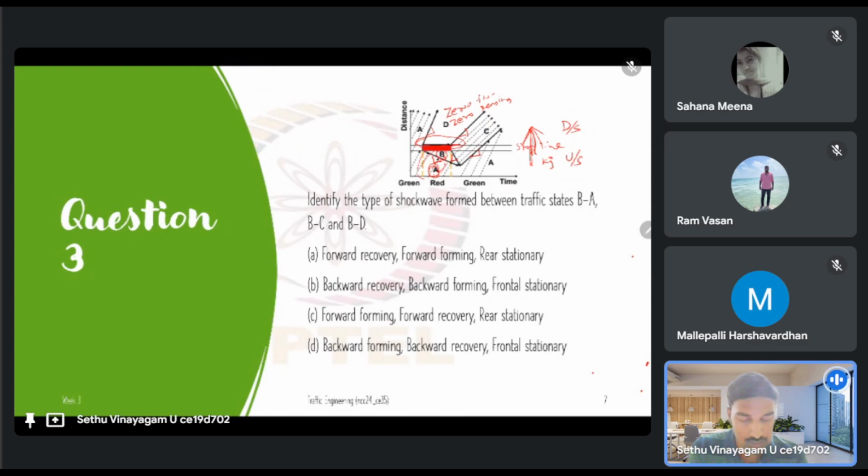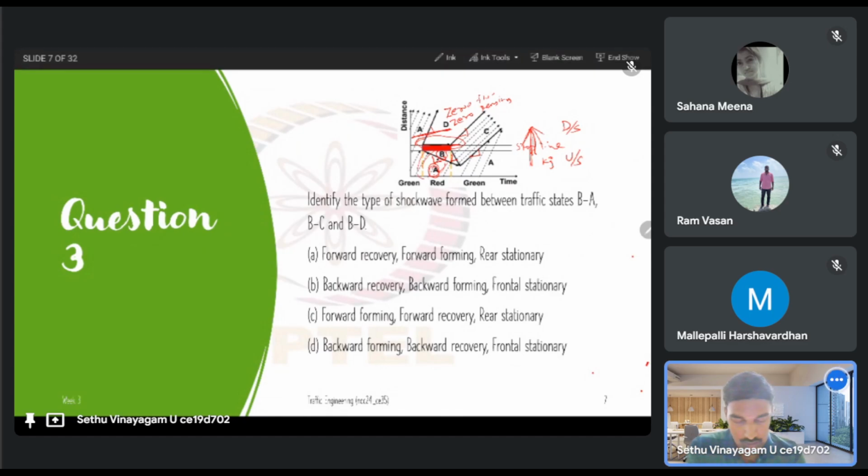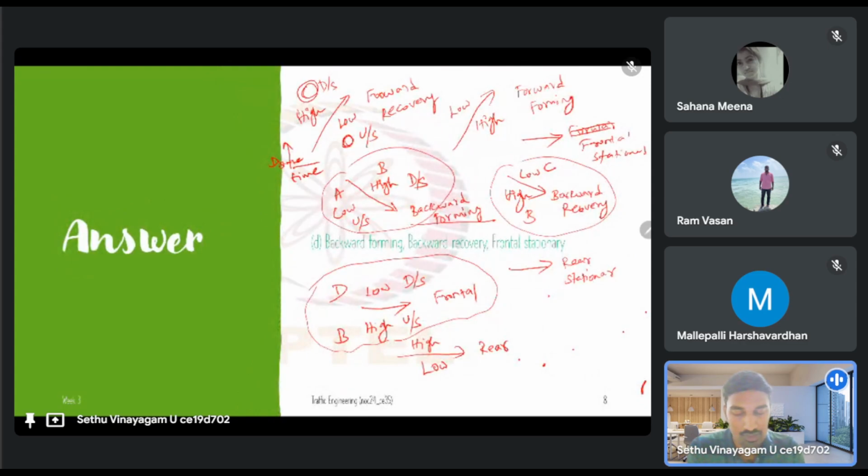Along this boundary. But when you are looking at A and D, A is higher than D, right? So we have to look at it in pairs, and for that pair, which side is high and which side is low. Once you have identified that, you have only 6 different cases to compare it to and then determine the type of the shock wave. Okay, if there are no questions, we'll move ahead.